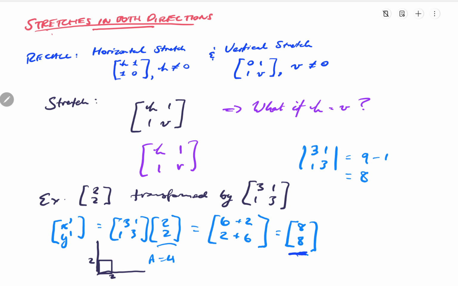Well, this is not going to be to scale, but whatever. Let's put our axes on. So it would be 8 and 8. If we look at our areas, this area would be 64. And now that doesn't make sense.